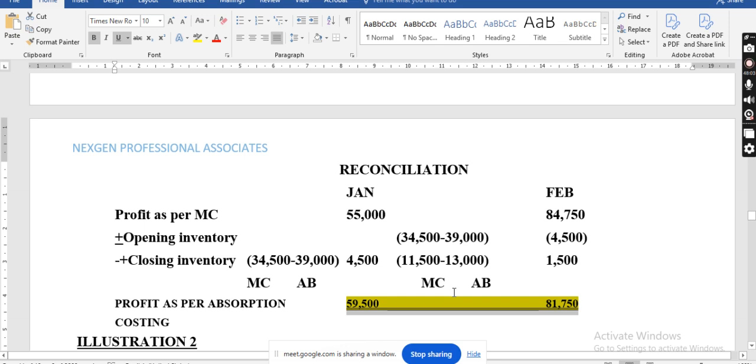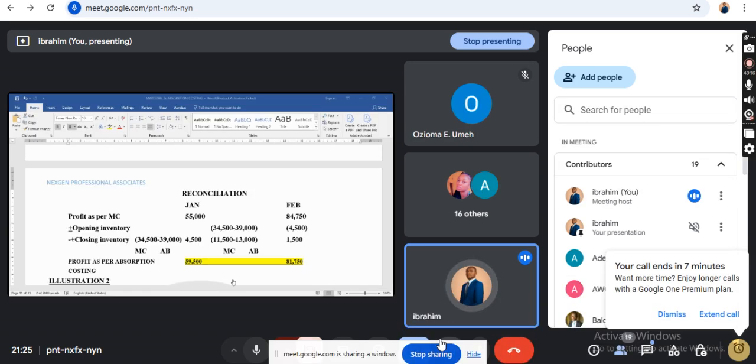That is why there is a difference in their profit, right? You can see that the absorption costing we calculated is 59,500 for January and 81,750 for February. And this is a reconciliation, right?